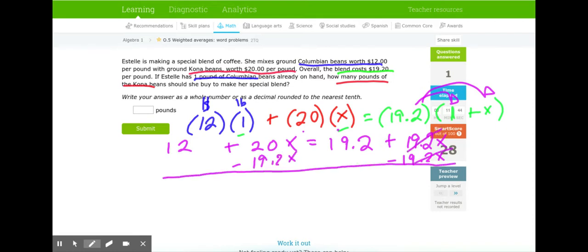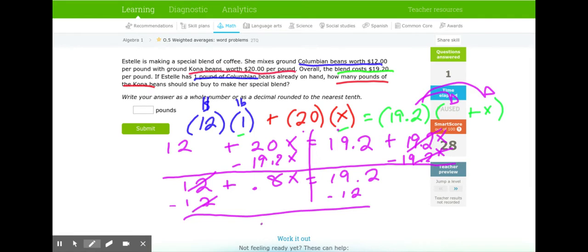So that cancels out. 20 minus 19.2 is 0.8x. We have 12 over here, equals 19.2. Subtract 12 from both sides. We've got 0.8x equals 19.2 minus 12 is 7.2. And divide by 0.8 on both sides.